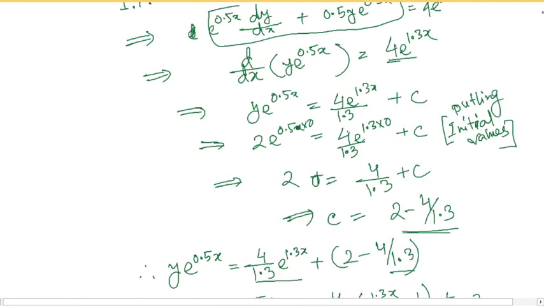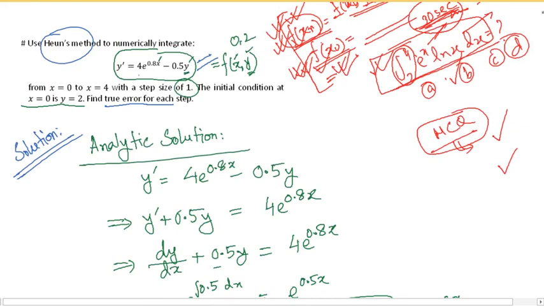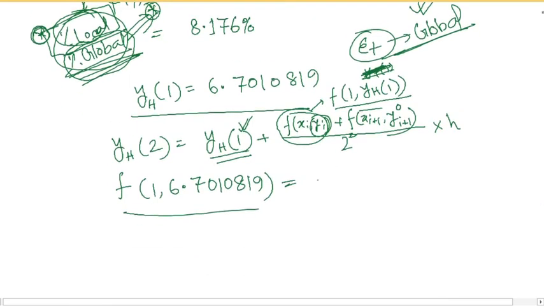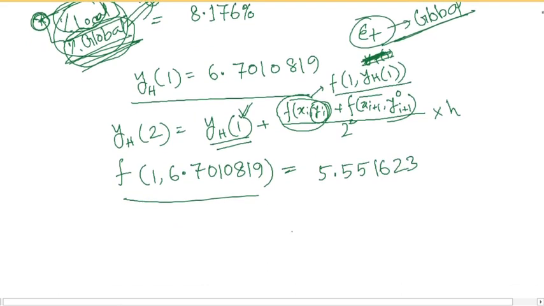Let's put the value of x and y in this particular equation, so that you will be getting 5.551623, and we need to calculate now y naught 2 first. So y naught 2 will be equal to, using Euler method, I will have to use y1. Of what?